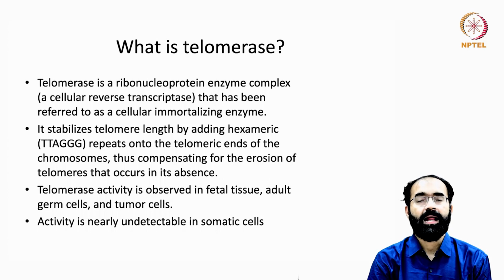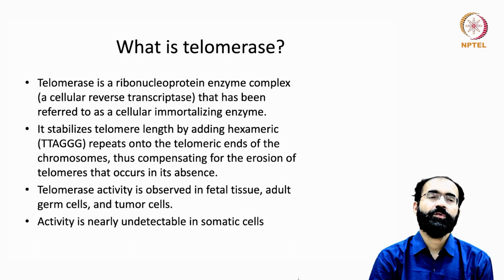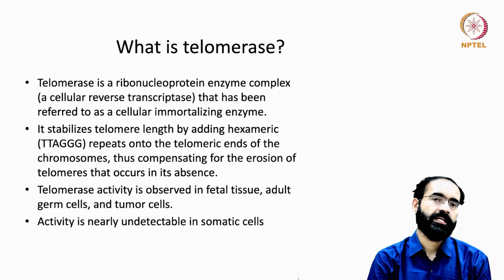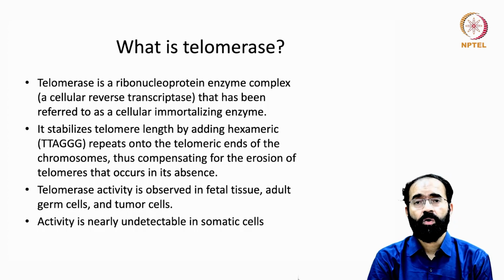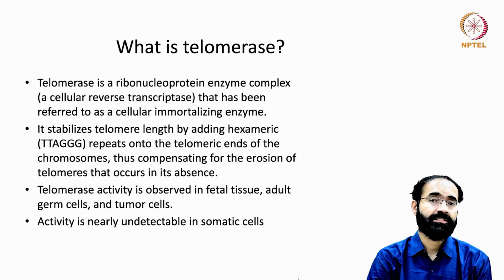Fetal tissues are rapidly dividing, so you don't want the telomere length to be shorter. If you want a better example, all of you might have heard about the famous cloned mammal, Dolly. It's a sheep. It was cloned from the udder cells of a 6-year-old sheep. Now these cells have the telomeres of a 6-year-old sheep.